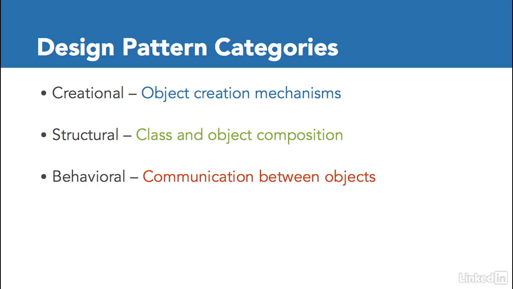Now, structural patterns are all about class and object composition. Structural design patterns tend to ease the design by identifying a simple way to realize relationships between entities. And lastly, we have behavioral patterns, which are specifically concerned with communication between objects. That is, how objects communicate and what they communicate to each other.